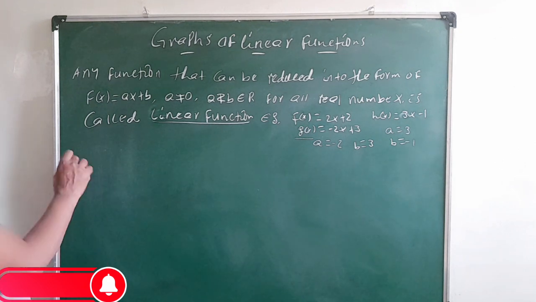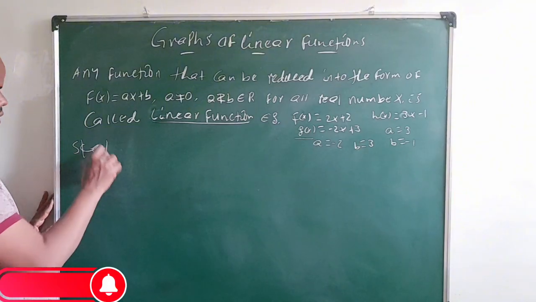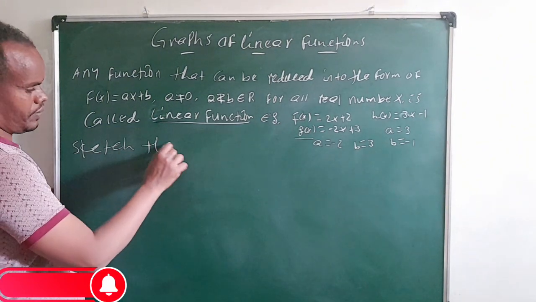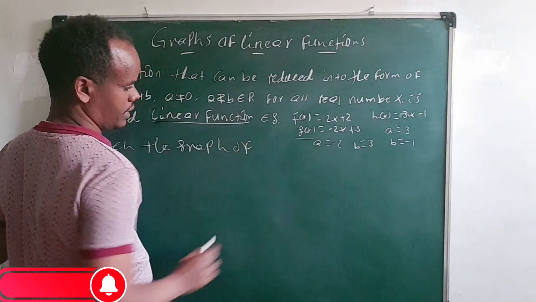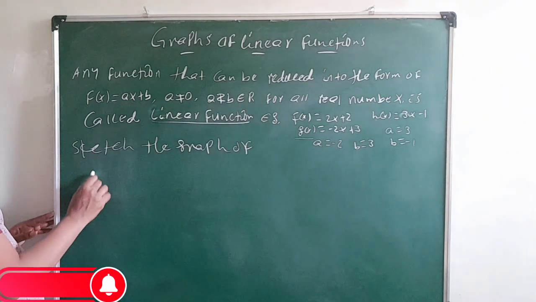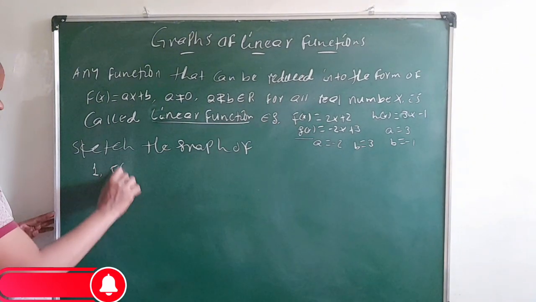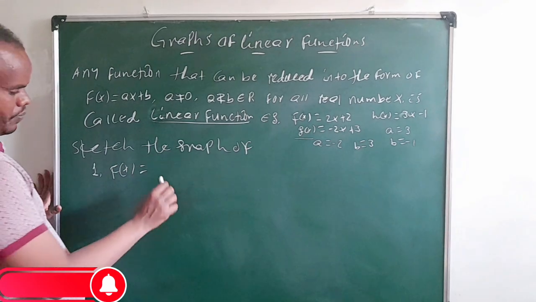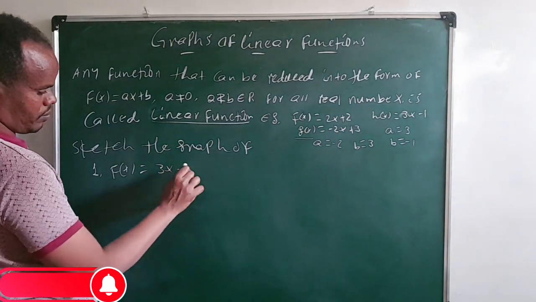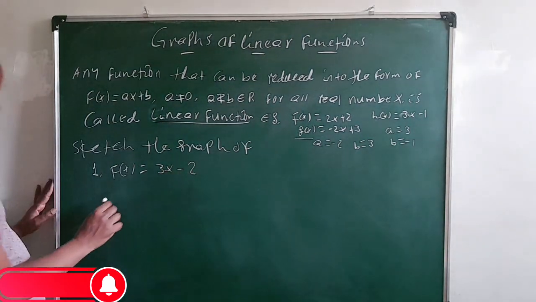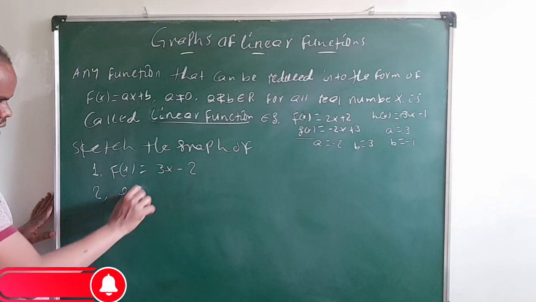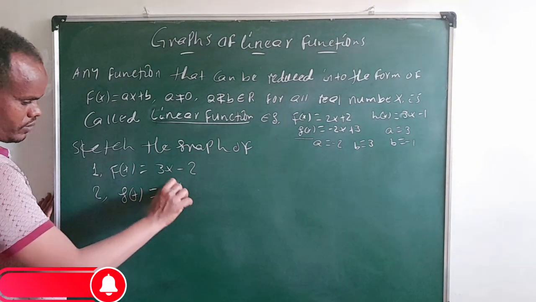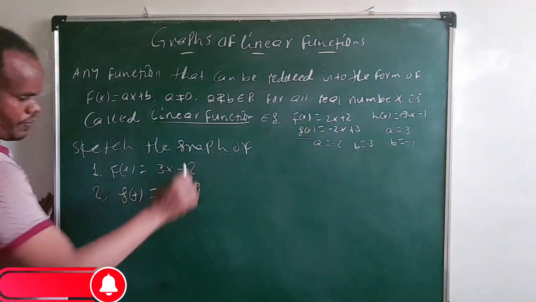For example, sketch the graph of the first one, f(x) = 3x - 2, and the second one, g(x) = -x + 3.